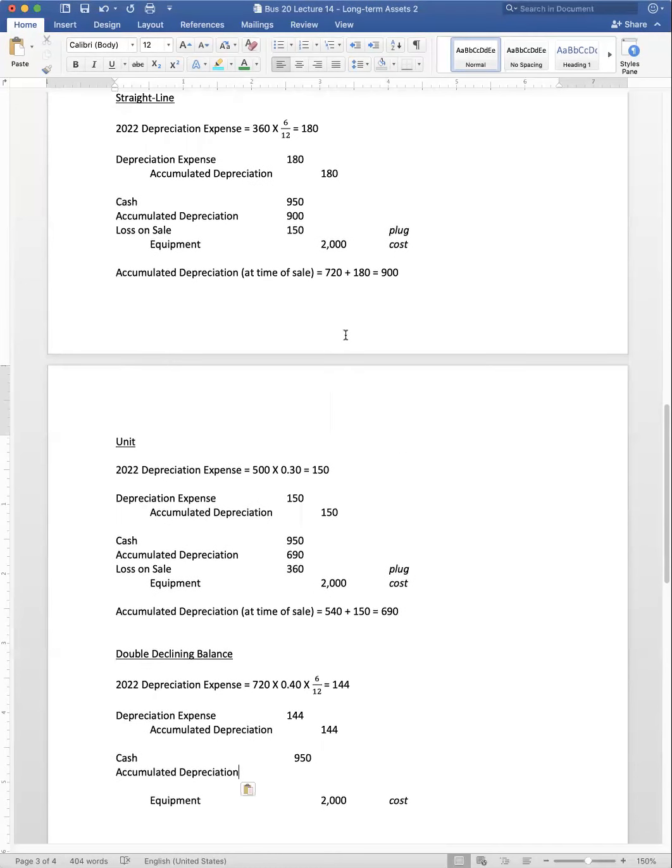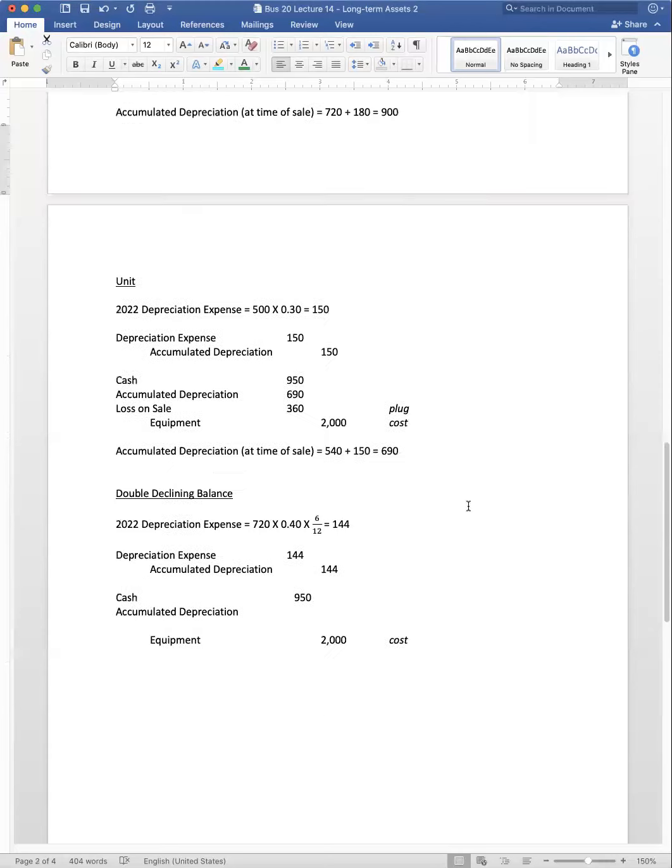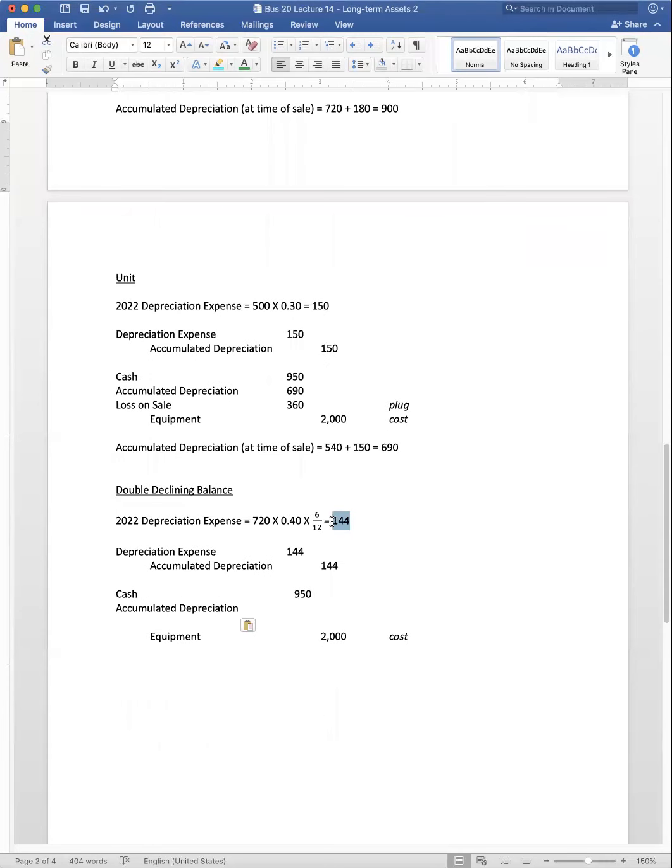Well, from the previous part, we determined that the accumulated depreciation was $1,280 at the end of 2021. And we know that they've depreciated $144 for 2022. So the accumulated depreciation is going to be the $1,280 from the end of 2021 plus the $144 from 2022 to give us $1,424.